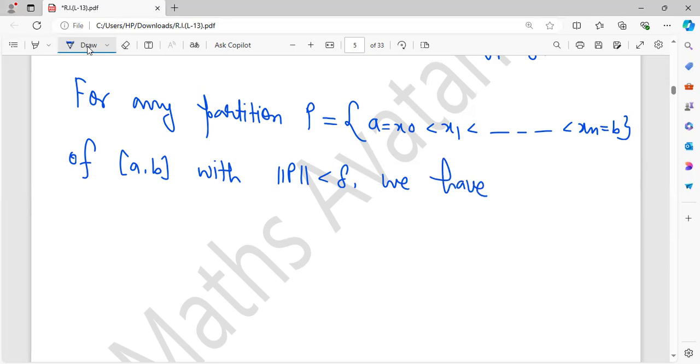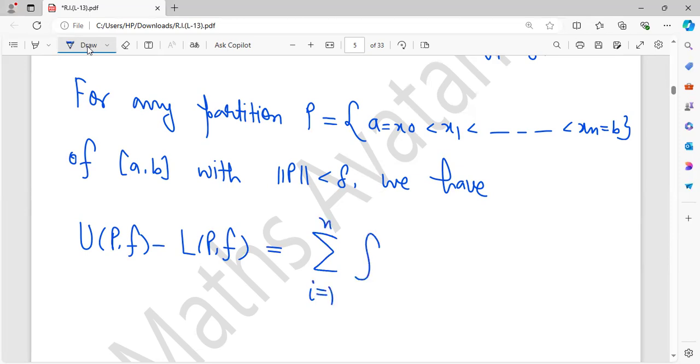What we have: U(P,F) minus L(P,F) is equal to summation i goes from 1 to n of (M_i minus m_i) delta x_i. Okay.